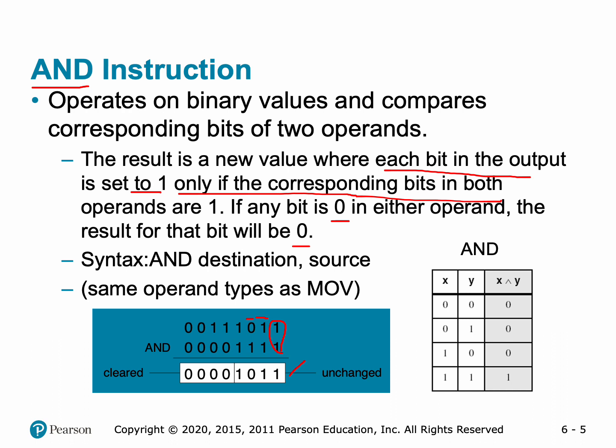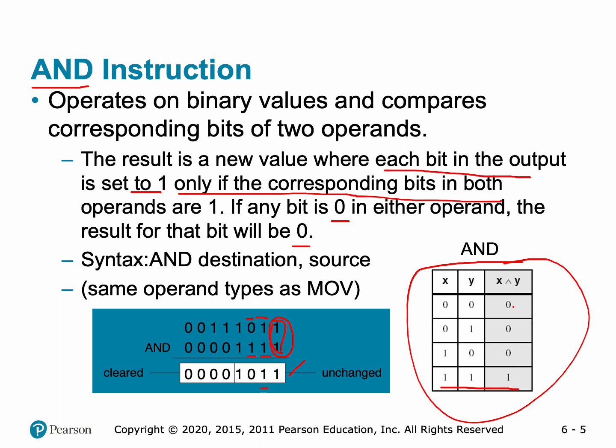Notice the only time you're going to get a true or a 1 is if both are 1. Everything else is going to give you 0 or false. So the only thing that gives me a 1 is a 1 and a 1. Here we have 1 and 1 gives me 1.